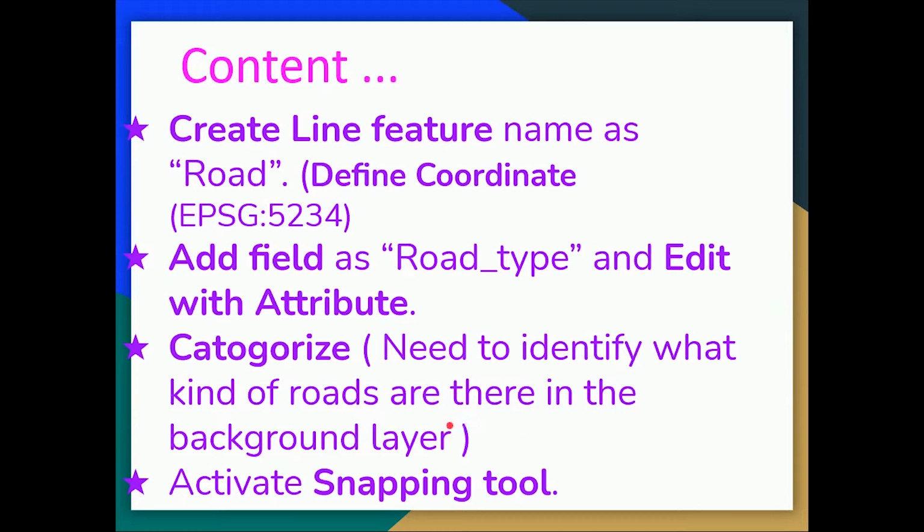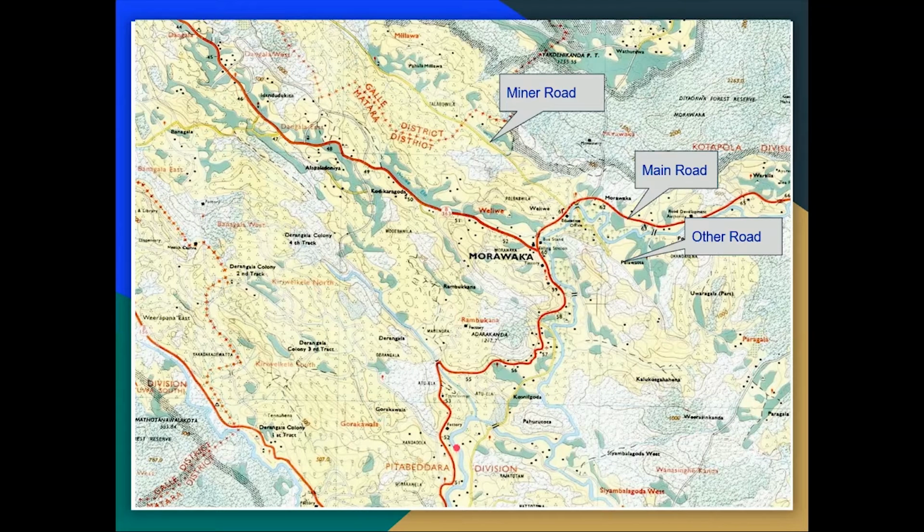Also, I want to introduce the snapping tool for when we are digitizing line features. This is my background layer and the categories I identified for the roads: main road, minor road and other roads. These red lines are main roads.